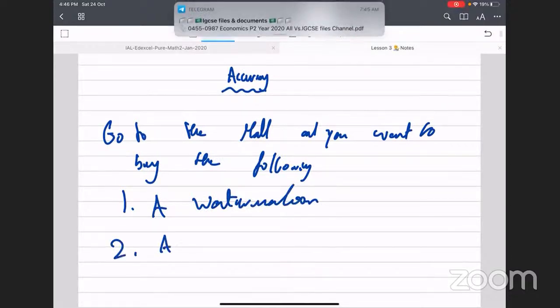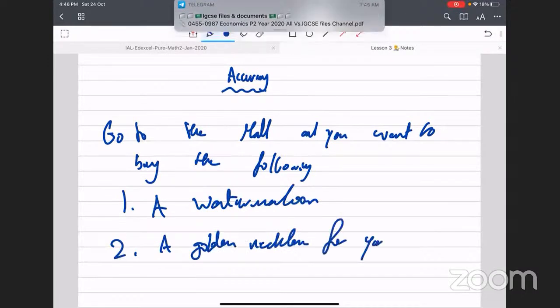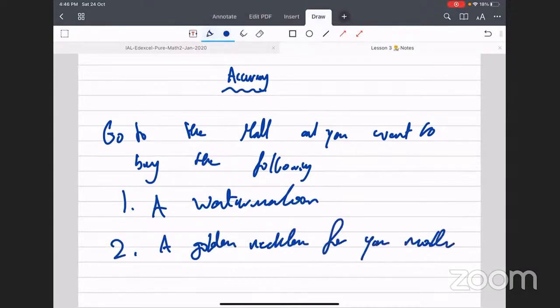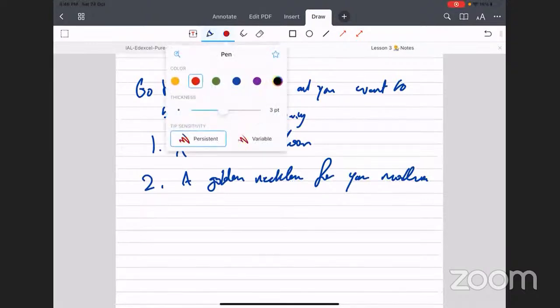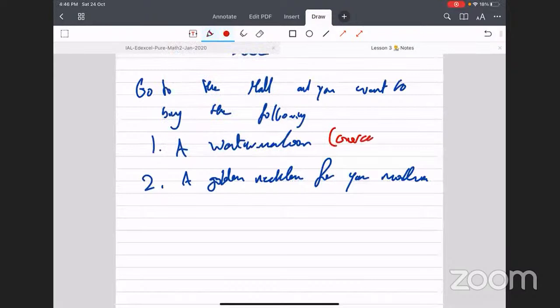Number 2, a golden necklace for your mother. So you go to the mall and you want to buy these two things: a watermelon from the grocery store, and a golden necklace for your mother.